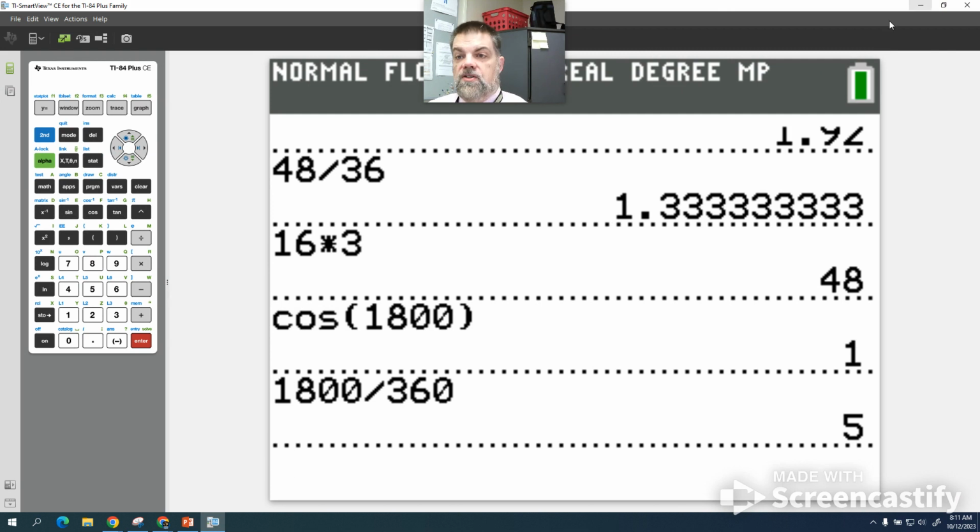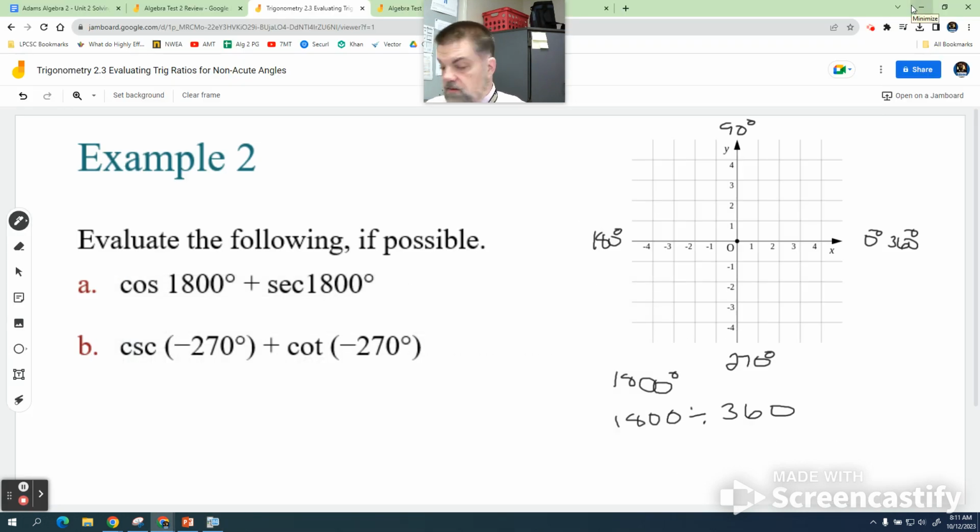Okay? So because that equals 5, what we're really saying is we're going to make 5 revolutions around. In other words, this is 360 degrees. This is 720. I don't know what the next number is, but if we go around 5 whole times, we stop right here.